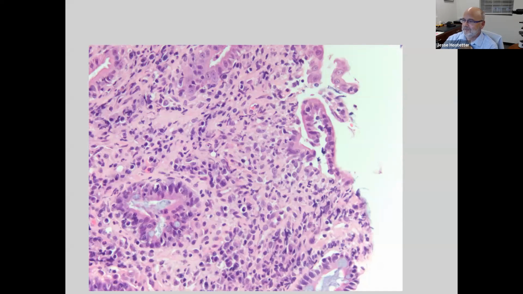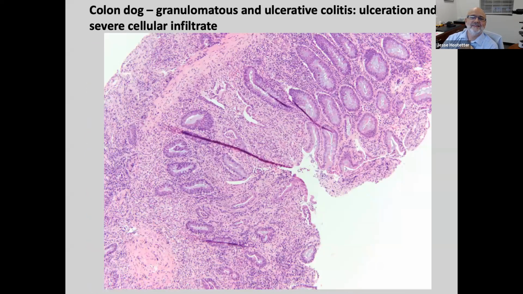All right. This is granulomatous and ulcerative colitis is my morphologic. There is really severe erosion and ulceration here. You can see these enterocytes just really barely hanging on, and then completely devoid here.